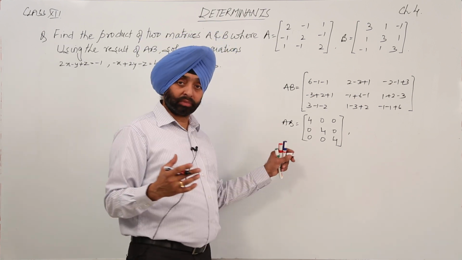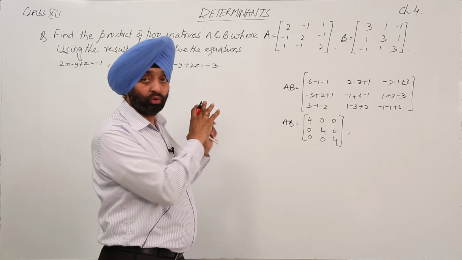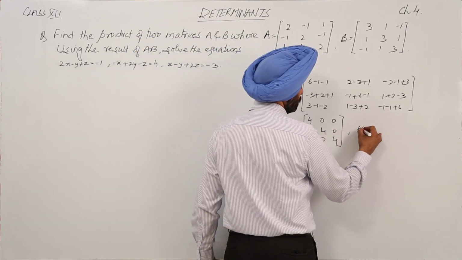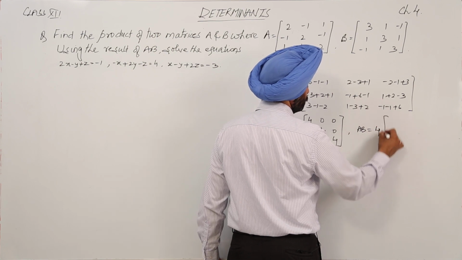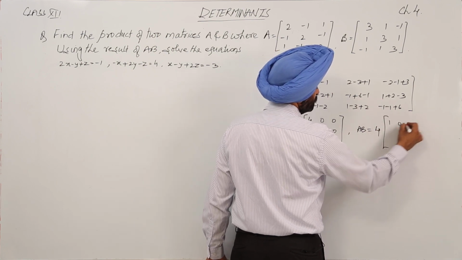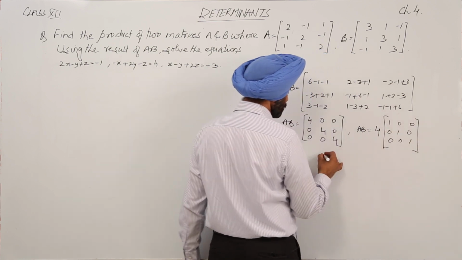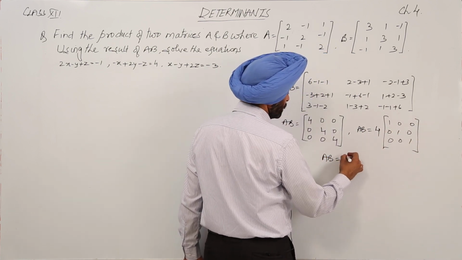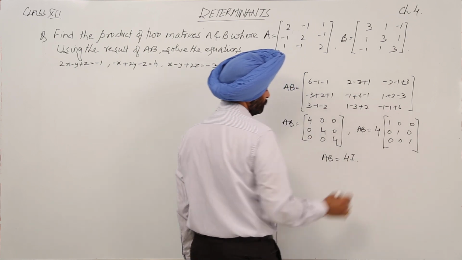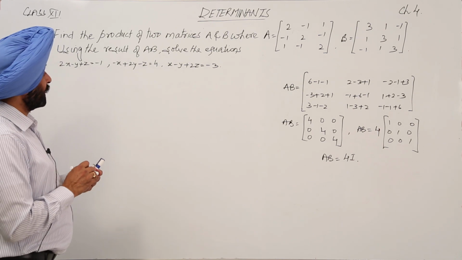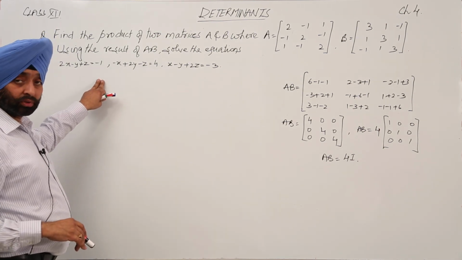Now the product comes as 4I, it means there is no mistake in finding the product. So AB is equal to 4 times 1 0 0, 0 1 0, 0 0 1. AB can be written as 4I. This is our AB. Okay, so now let's move on to finding the solution for these equations.